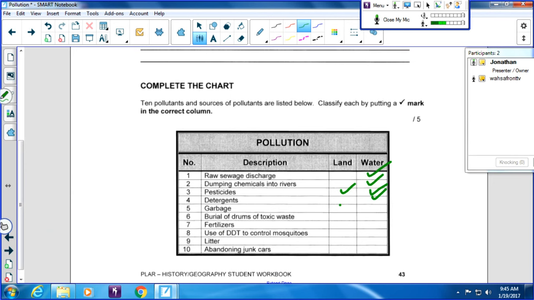Garbage, again, that could be both. Burial of toxic waste, so that's land. Fertilizers, again, could be both, but mainly just land. Use of DDT to control mosquitoes, land. Litter, could be both. Abandoned junk cars. Again, some of these are subjective, but show me where you think they apply. Some of them can relate to both, but some may apply more to one compared to the other.